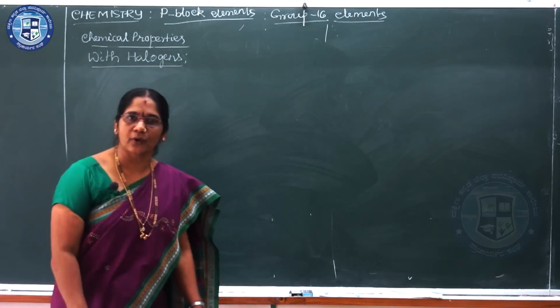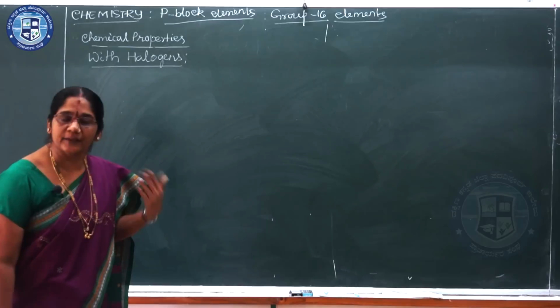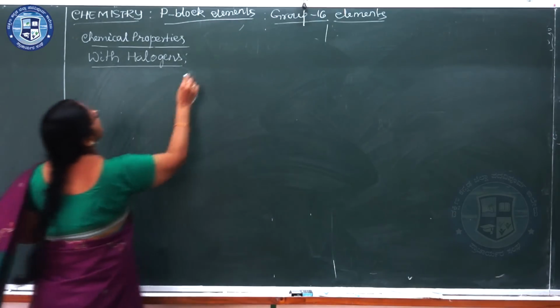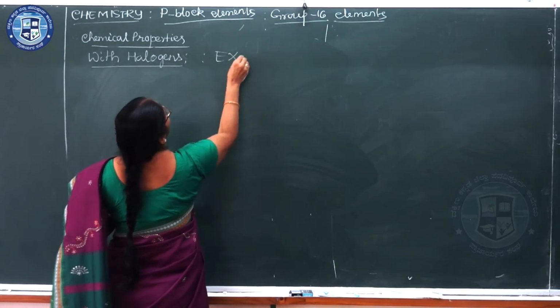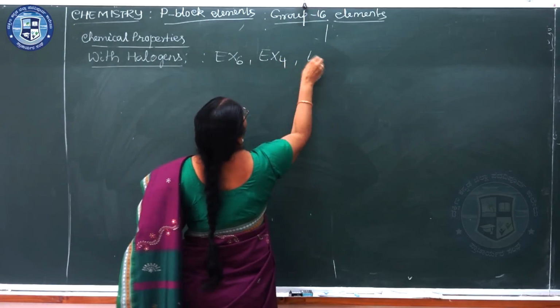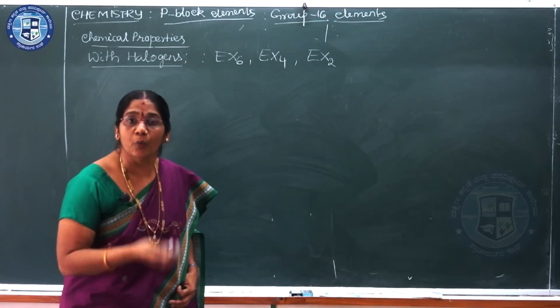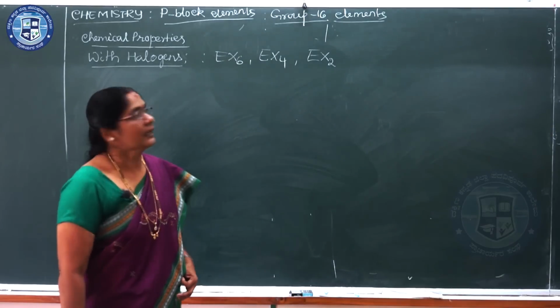These elements form different halides using their different oxidation states. For example, they form hexahalides, tetrahalides, dihalides, and also monohalides.